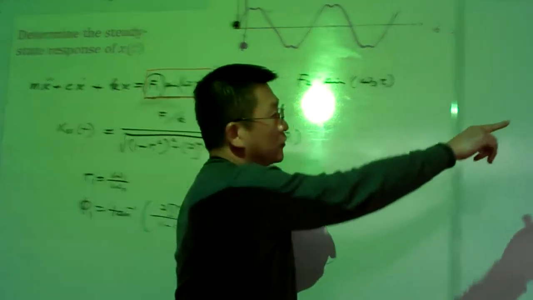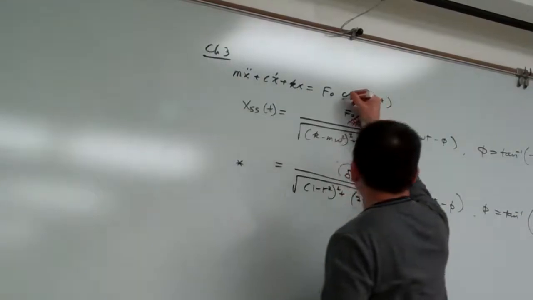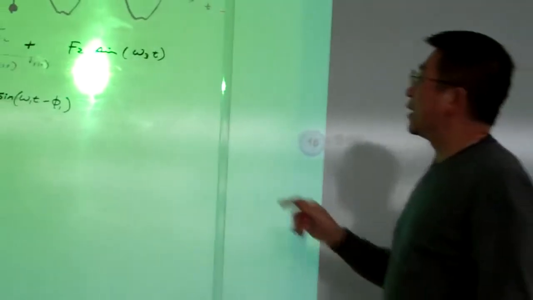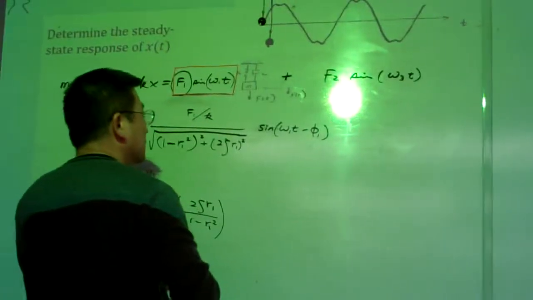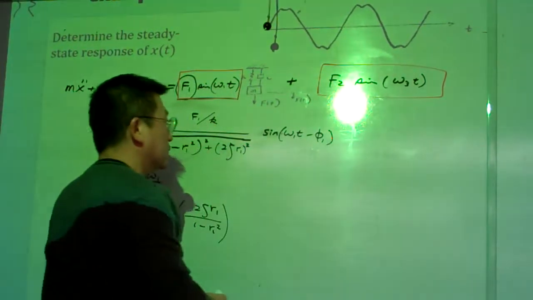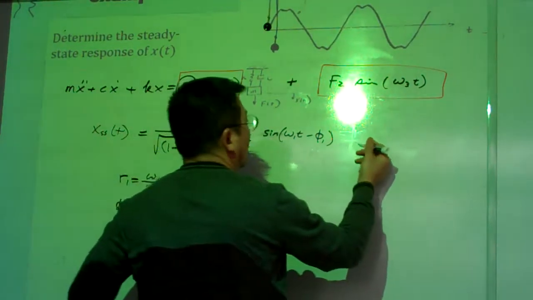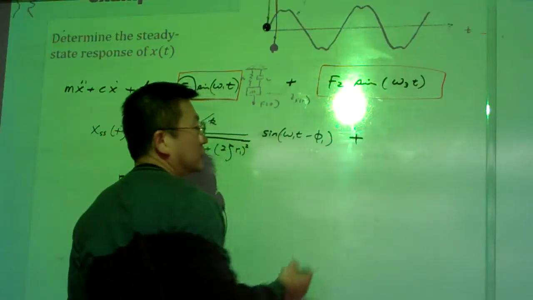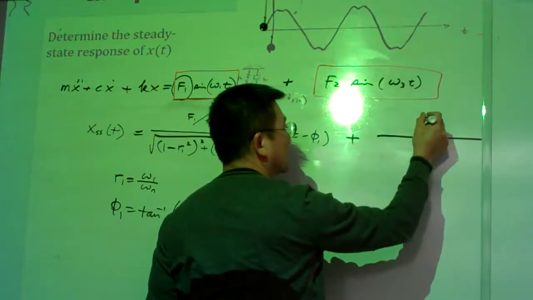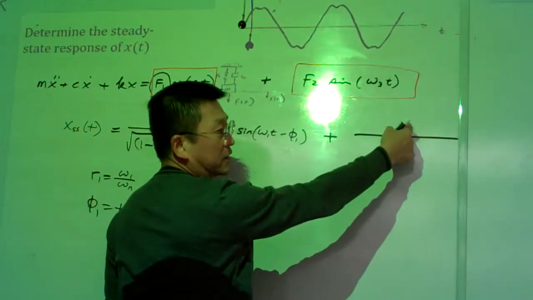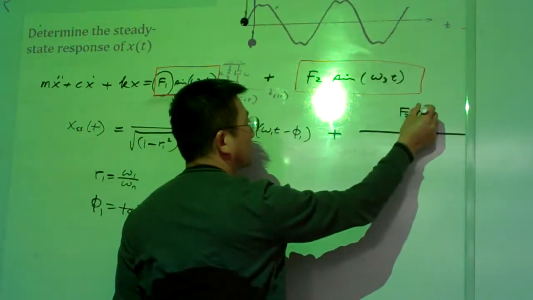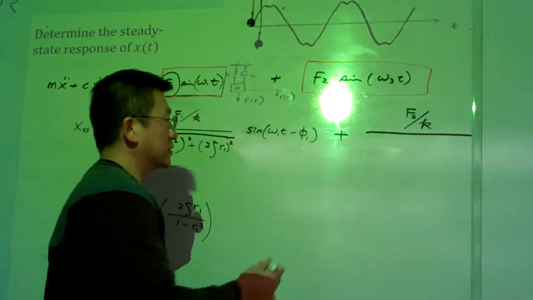If you compare to here, in a similar way, whether it is cosine or sine, we simply change the form. Then for the second term, the response will be like this, the linear decomposition and superposition, plus the second term. Again, delta st in terms of the template is the magnitude of the force, F2, divided by the spring constant k of the system.